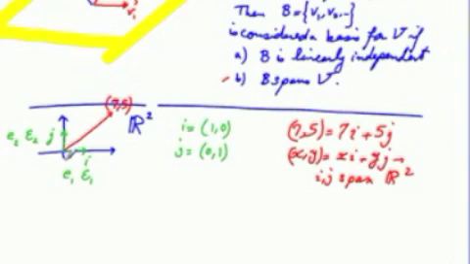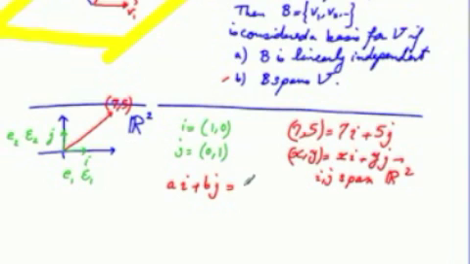What was our official way of checking things? If I want to see if these vectors are independent or not, I make a linear combination of them and try to make 0. That linear combination, let's say AI plus some B, Bj.